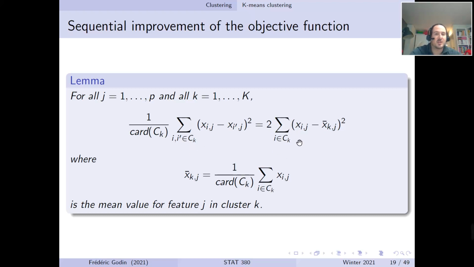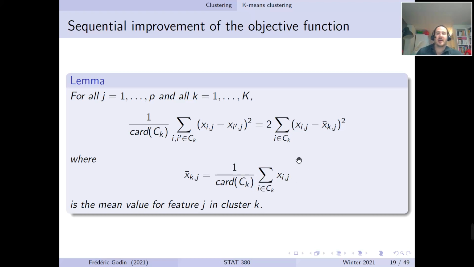So the single summation of the jth predictor for the ith observation in the cluster minus the sample average within the cluster k of the jth predictor, where here the sample average of the jth predictor in cluster k is simply the sample average. So you divide by the number of observations in cluster k, sum across all observations of the jth predictor for each of such observations in cluster Ck.